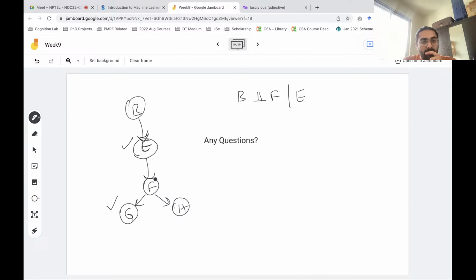So P of BF given E is P of B given E times P of F given E. All right, and P of FH given G is not equal to P of F given G times P of H given G.